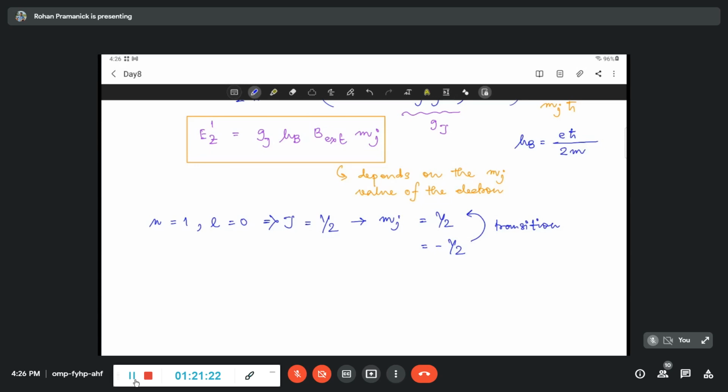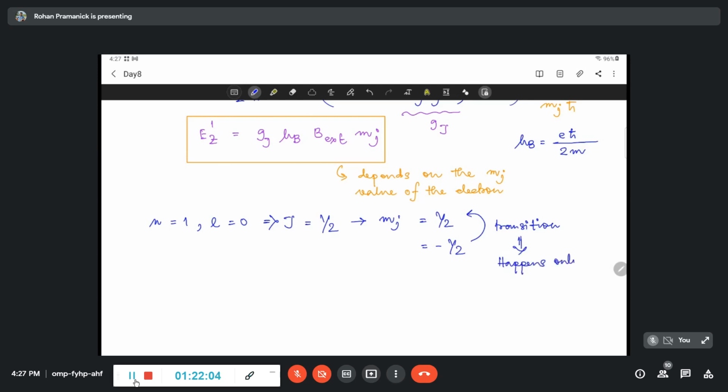So for this n equals 1, L equals 0 and J equals half state, the splitting between m_j equals plus half and minus half is evident, and this electron can get transitioned from a plus half m_j value to a minus half m_j value, and this will also emit a photon which you can detect. And this happens only because of this perturbation that you supply from outside by the magnetic field.